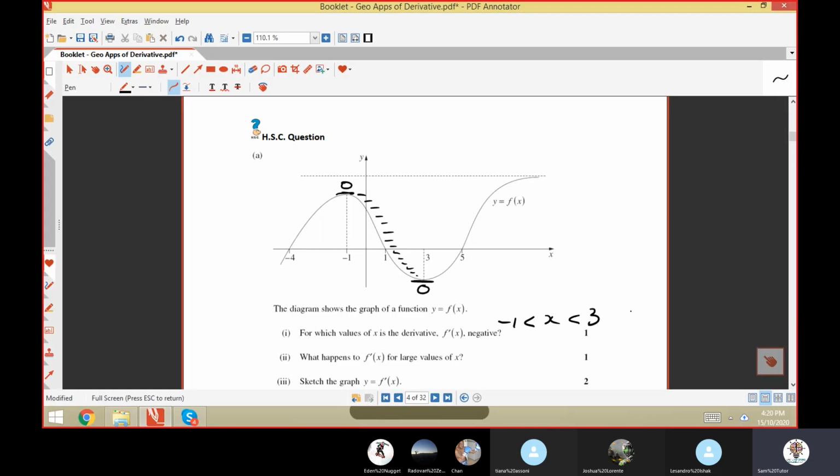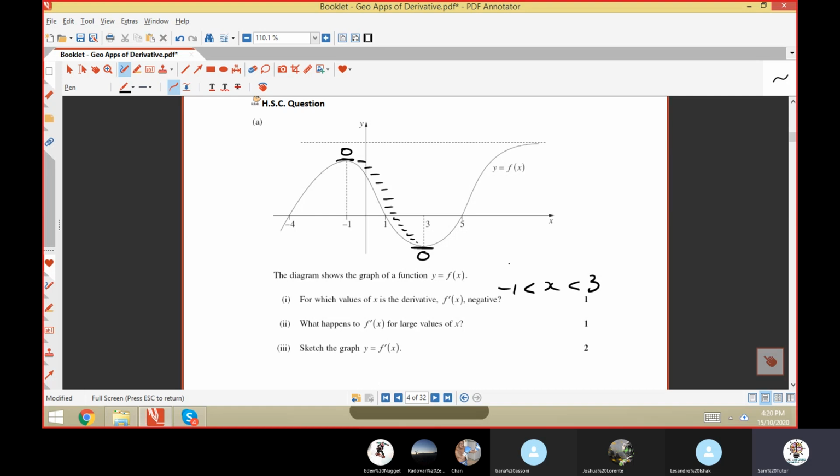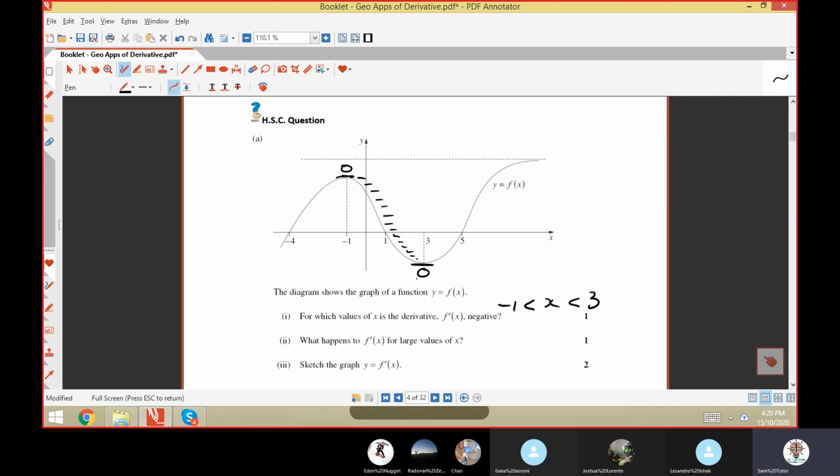The question asks for the derivative f dash, for which values is y dash less than 0? So when y dash is less than 0 is when the slope of your graph is down here. Okay. Yep.